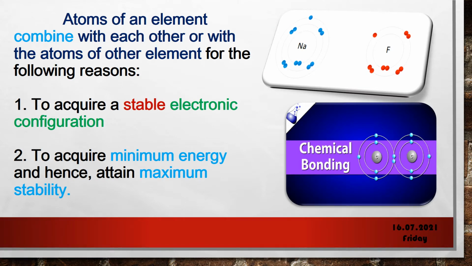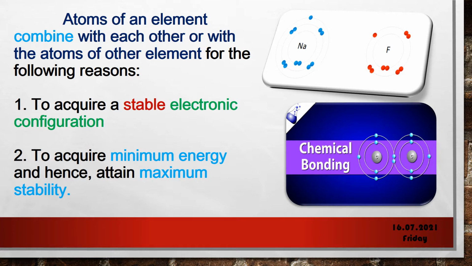Atoms of an element combine with each other or with the atoms of another element for the following two reasons. One is to attain a stable electronic configuration.